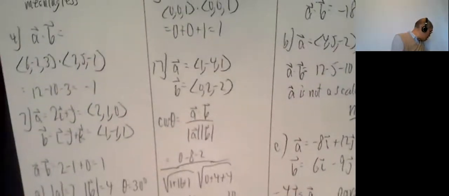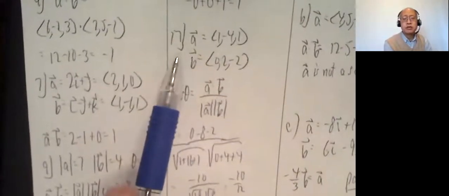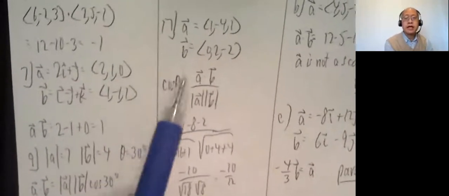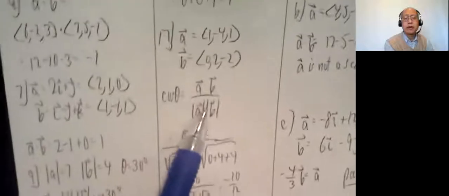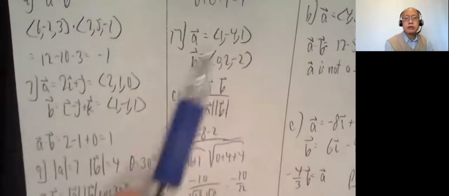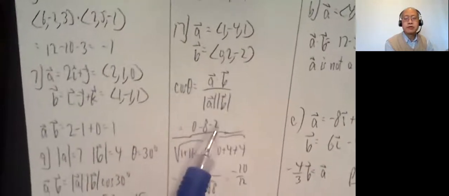All right, 17. Find the angle between the two vectors. I did the 3-dimensional flavor. You have 2-dimensional ones, but 3-dimensional ones, I'll do that one. Cosine of theta is A dot B over norm A, norm B. The numerator is a dot product. 1 times 0 is 0. Negative 4 times 2 is negative 8. 1 times negative 2 is negative 2.